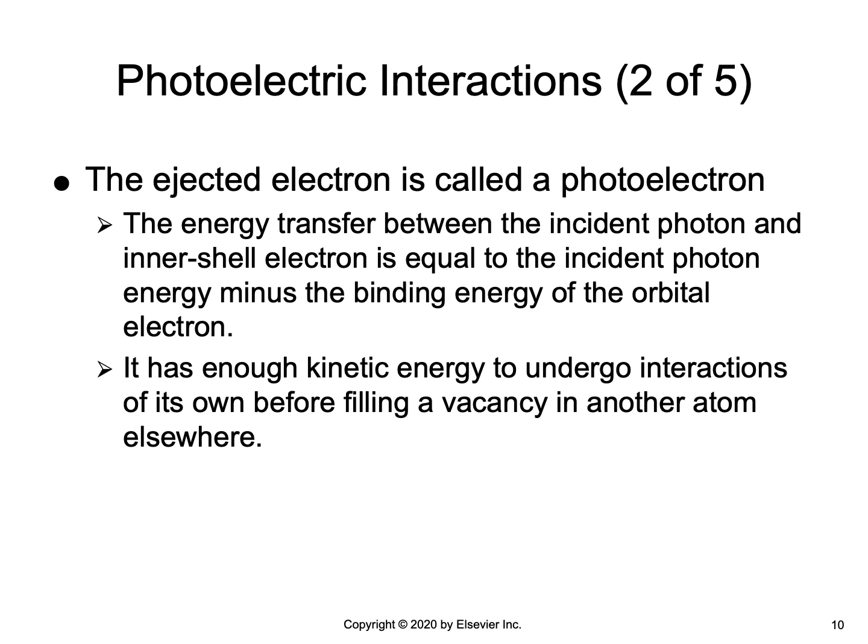So it really does depend on how thick or how dense the soft tissue or skeletal, whatever the photon is going through, it really depends on the density of that area. In either case, the photoelectron has enough kinetic energy to undergo interactions of its own before filling a vacancy in another atom elsewhere.